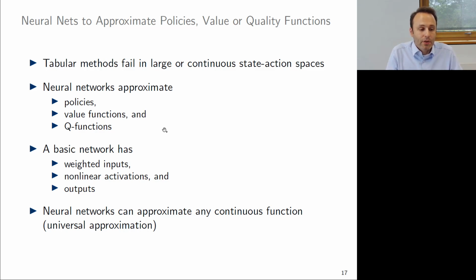Now, a basic neural network works with three components. It has weighted inputs, nonlinear activation functions, and outputs. And it can be a universal approximator, which helps us to actually solve more complicated problems.